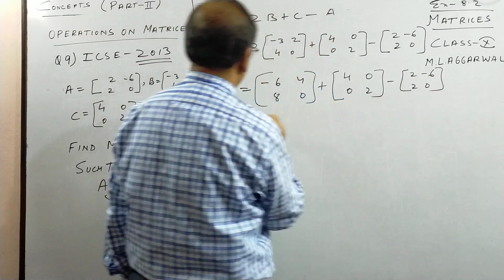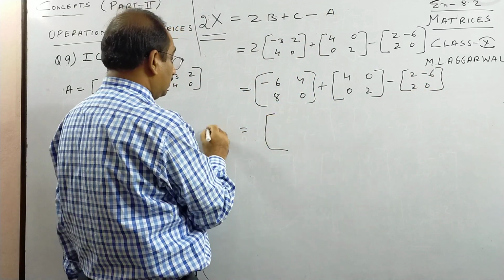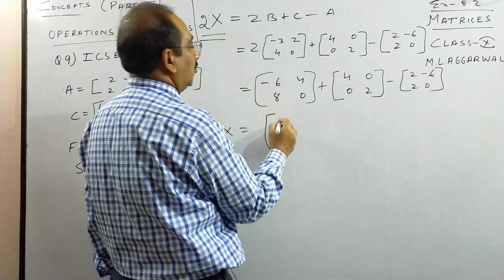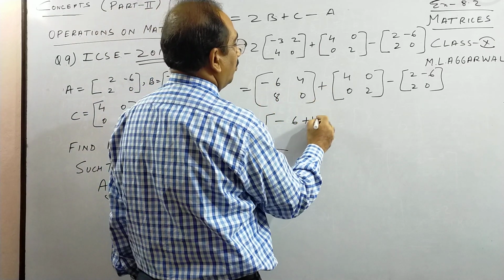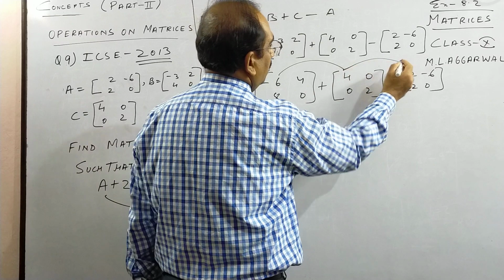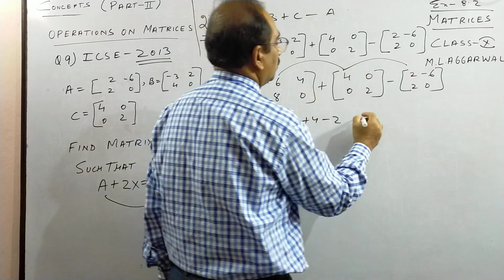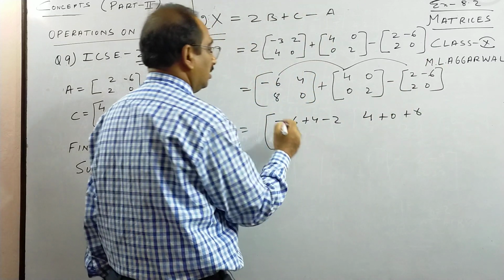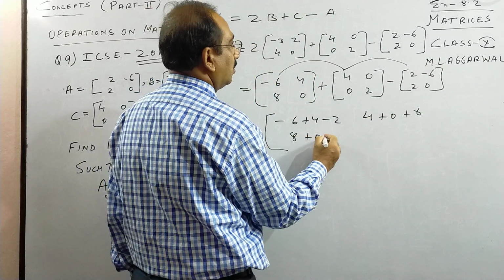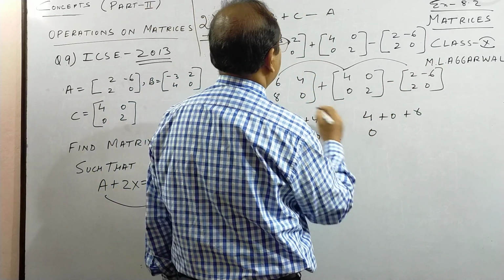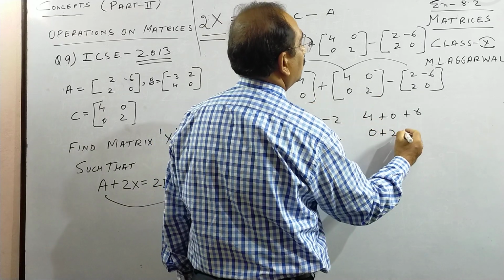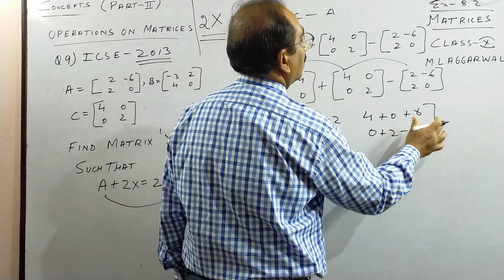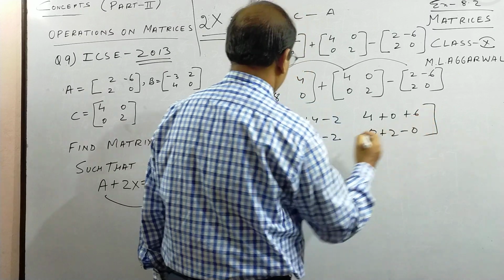So next we see this is 2x: minus 6 plus 4, corresponding elements, minus 2; 4 plus 0 minus minus, plus, 8 plus 0 minus 2, 0 plus 2 minus 0, this is 6, children.